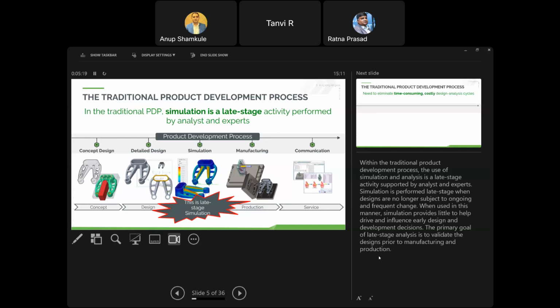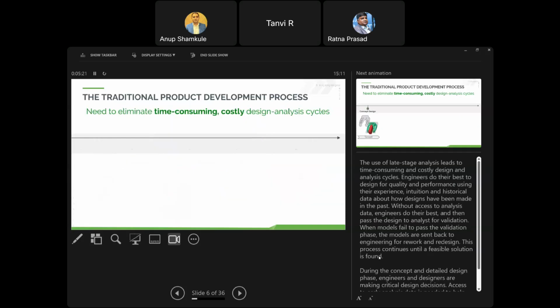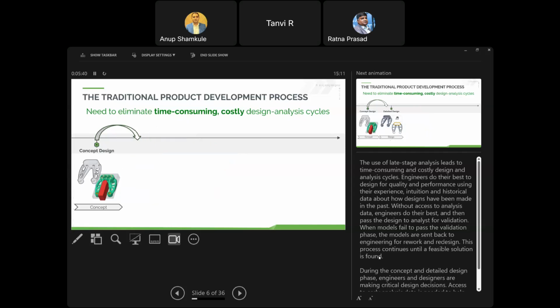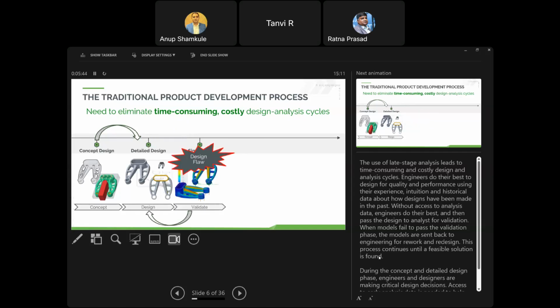Suppose we find some design flaws when the simulation is happening. Again, we may be shifting to concept or to detailed design to try to find out where exactly the problem has come from, and a lot of time gets wasted in this.